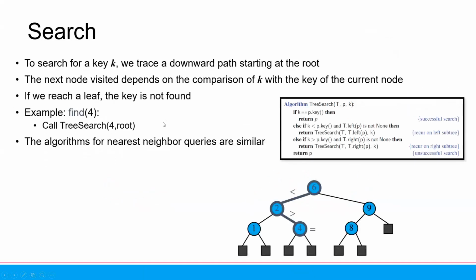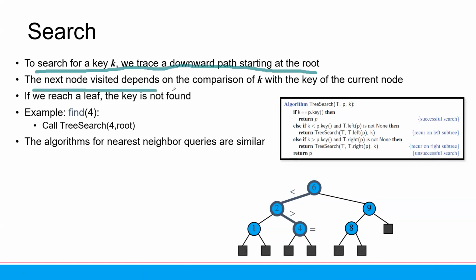If we want to search using binary search, we just split into two, and then we search again to the next, whether it is to the left or to the right. So the idea is the same. When we are doing this with a binary search tree, if we want to search for K, we trace a downward path starting from the root.